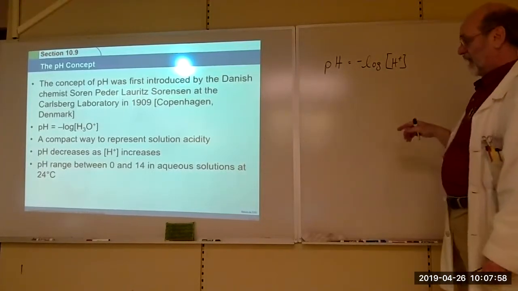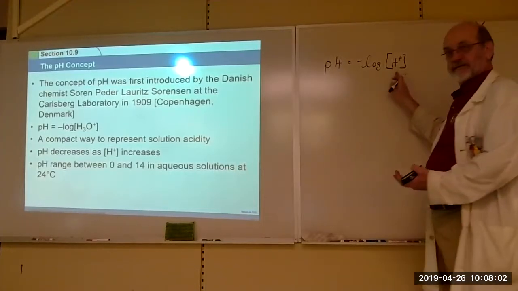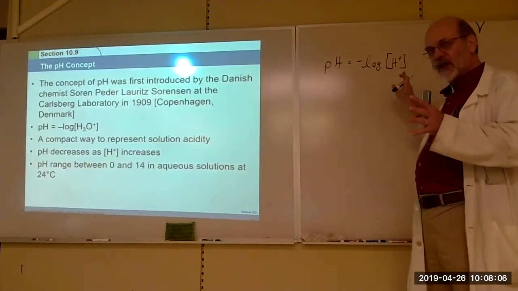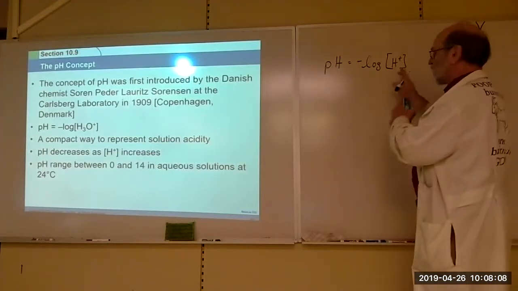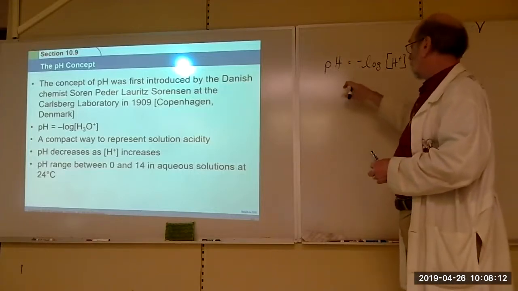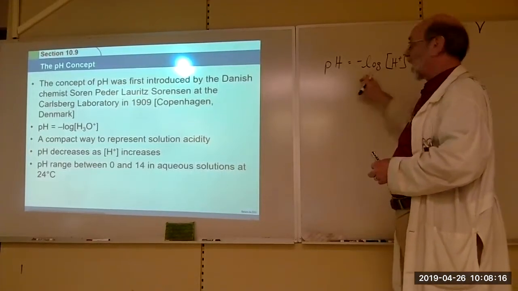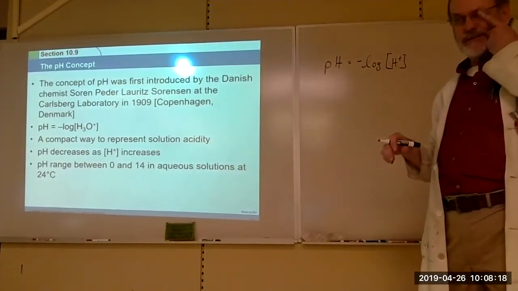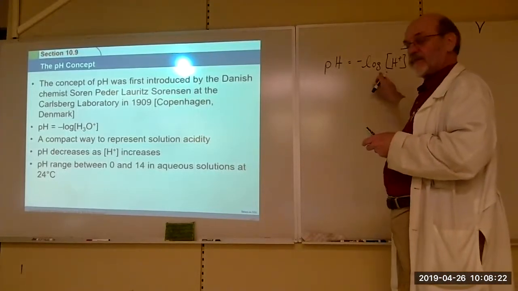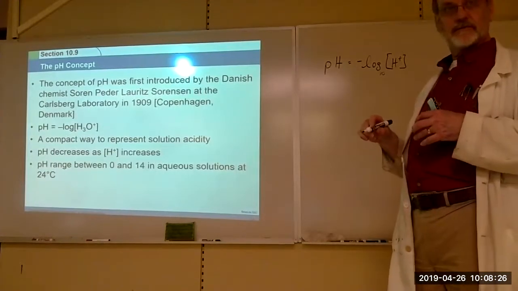And here, I know this says hydronium, but very often you'll see it this way, right? Even though we know that protons don't exist alone, it still expresses the same value. So if you know the hydrogen ion concentration, then you can calculate the pH, right? Now this is the common log. That means the base is 10. Everybody remember how to do logs?